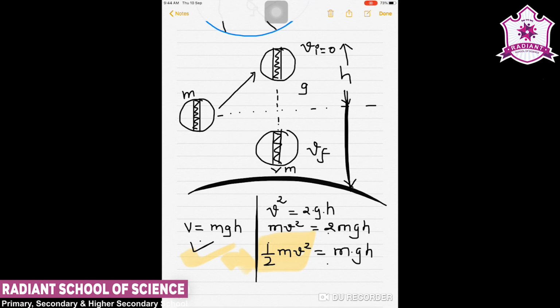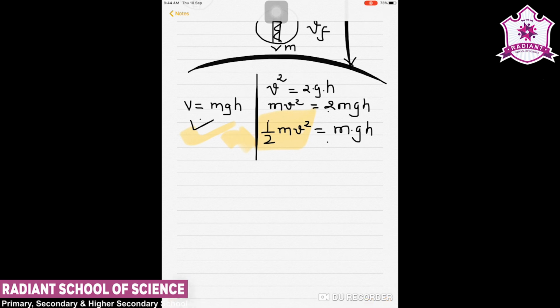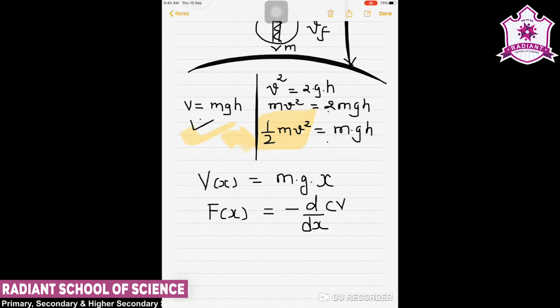And mathematically, the potential energy, that is V of x, that we have explained over here, can be written as V of x is equal to mgx, suppose it is a function of x, and therefore if we write the force equation, that is F of x is nothing but minus del by del x of this potential energy.